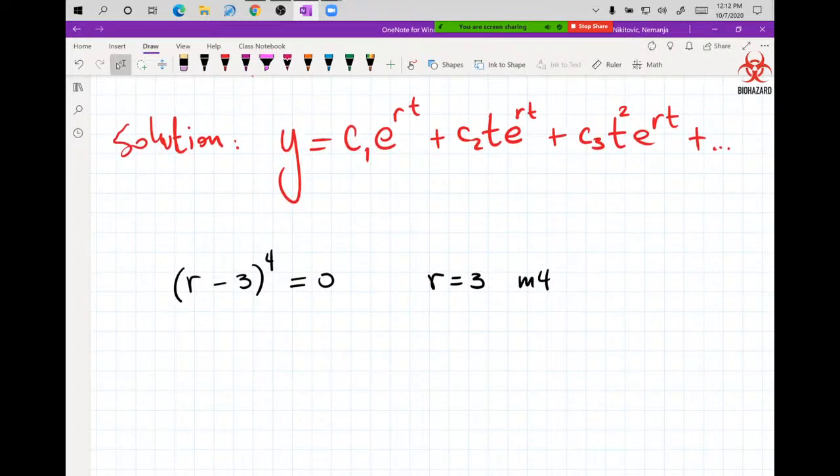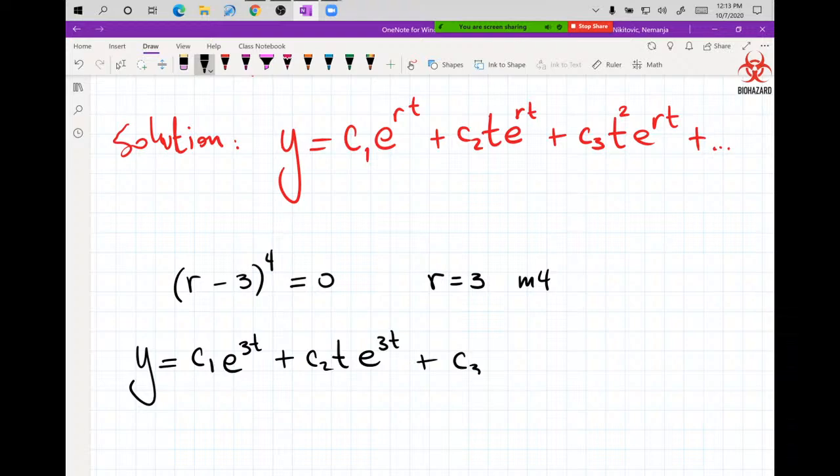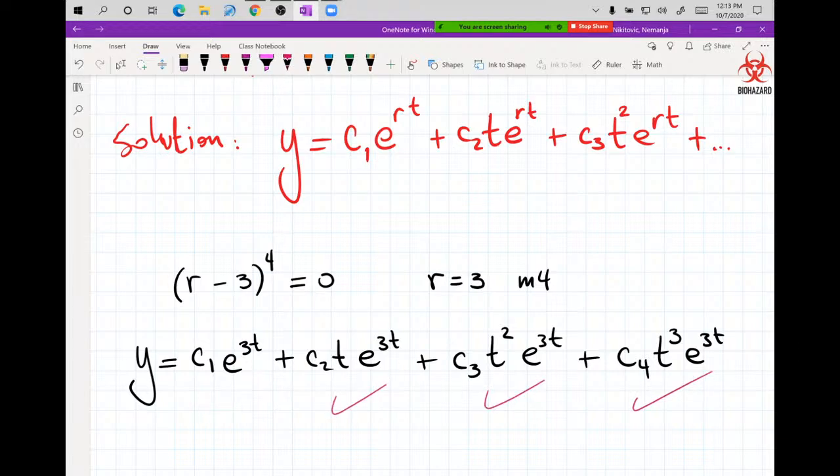And in that case, my differential equation solution will be C1 e to the 3t plus C2 t e to the 3t plus C3 t squared e to the 3t plus C4 t cubed e to the 3t. And that will be the end of it, right? Because it was a fourth order equation, we have 1, 2, 3, 4 solutions.